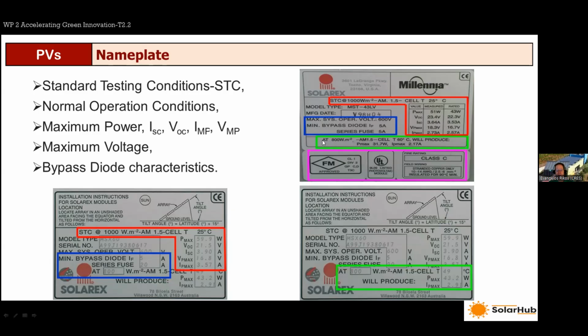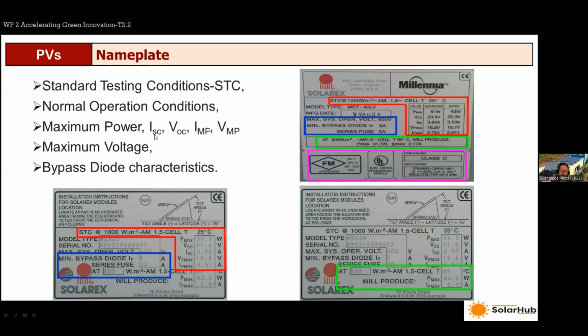You see here that this one, for example, gives you the performance, the Pmax, and the corresponding maximum current at 800 watts per square meter. Okay, the same atmospheric content, but the cell temperature will be higher here, 60 degrees, because you would expect a much higher temperature for the operation of the module here.